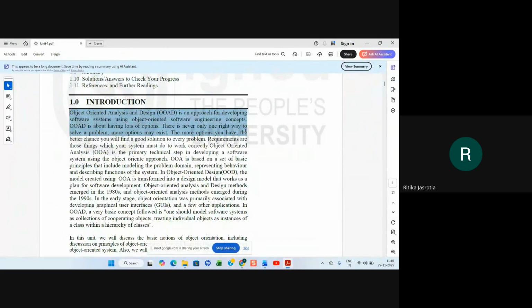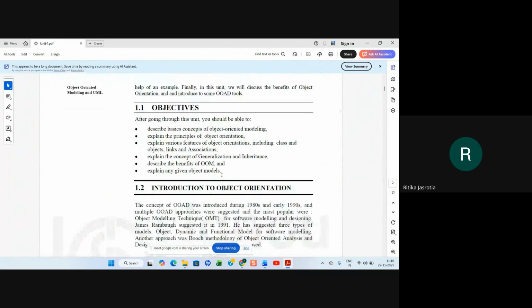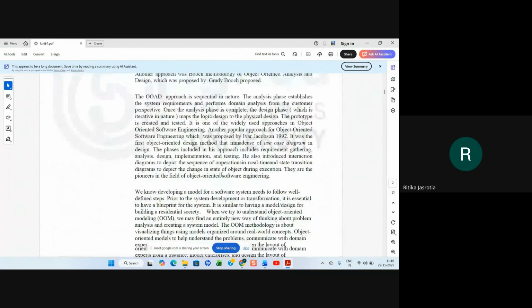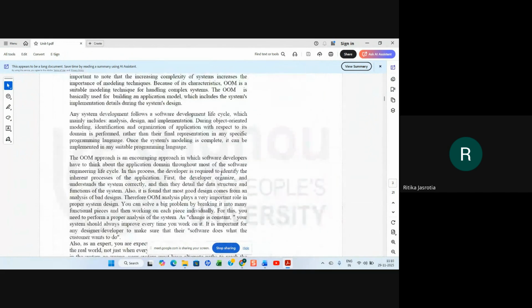More options may exist. The more options you have, the better chance you will find a good solution to every problem. Right. Requirements are those things which your system must do to work correctly. Object-oriented analysis is a primary technical step. Then comes object-oriented design. So they have given you the definition of what is object-oriented analysis and design.